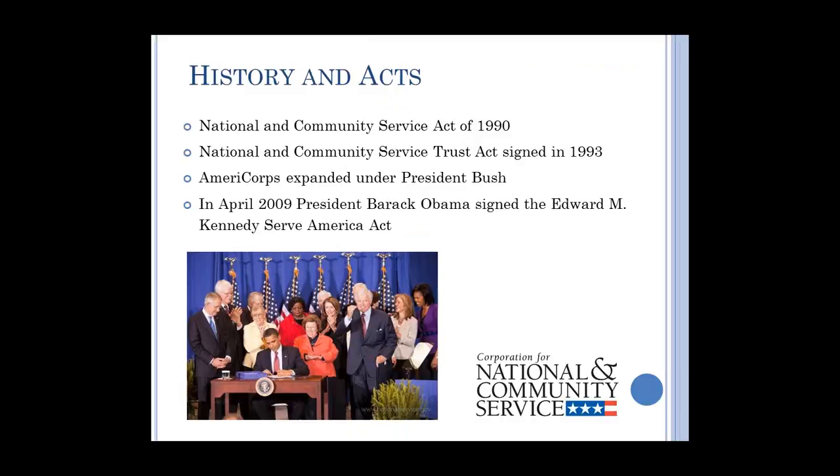The National Service Act of 1990 was the act that created the Commission on National and Community Service, which was then later merged with another agency to create the Corporation for National and Community Service, which is what we know as today. So there are grants they grant to us, and then you all are sub-grantees through us, Serve Wisconsin.